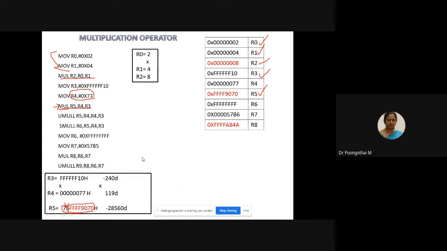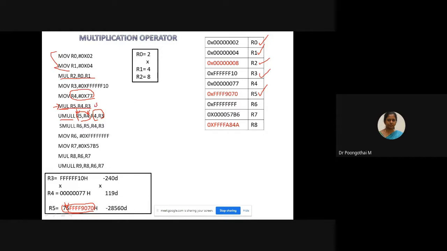Yes, ma'am. Okay, next I am going to extract this 76. For that, you need to use unsigned mul long. We have two source registers and we need to use two destination registers to extract your 64-bit result. This R4 holds the upper 32 bits, please note it down, and this one holds the lower 32 bits.